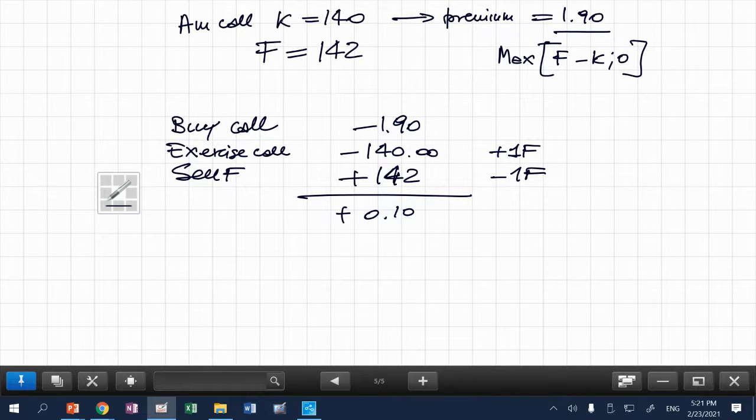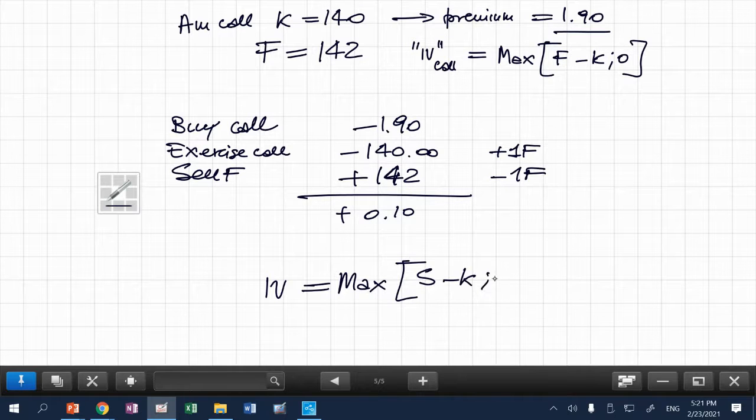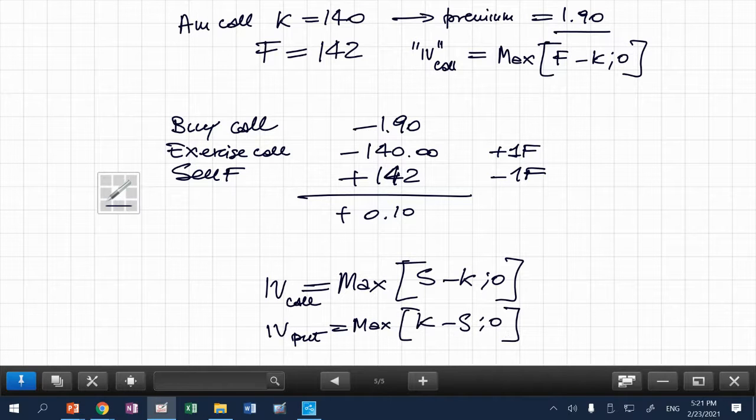All right. So this is why I call this quantity, F minus K or 0, the intrinsic value of the call. Here I write intrinsic value in quotes, and I should say perhaps my version of intrinsic value, or a modified intrinsic value, for a precise reason. When you talk about intrinsic value in general for options, the standard definition is the maximum between S minus K or 0 for the call, or for the put option, the maximum of K minus S or 0.